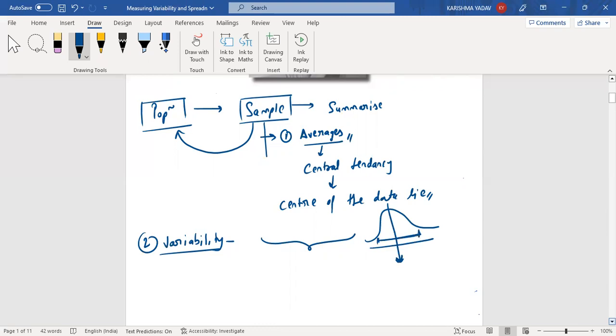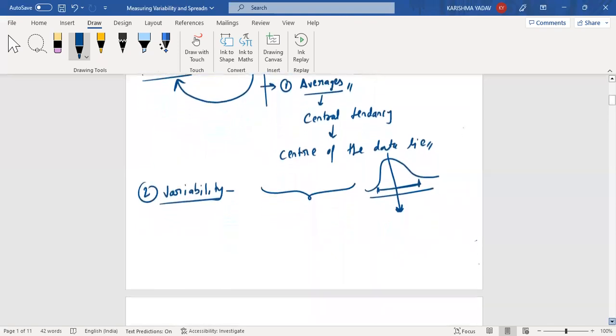This is how far apart the data points in the sample data lie. This is important because the amount of variability determines how well you can generalize results from the sample to your population.